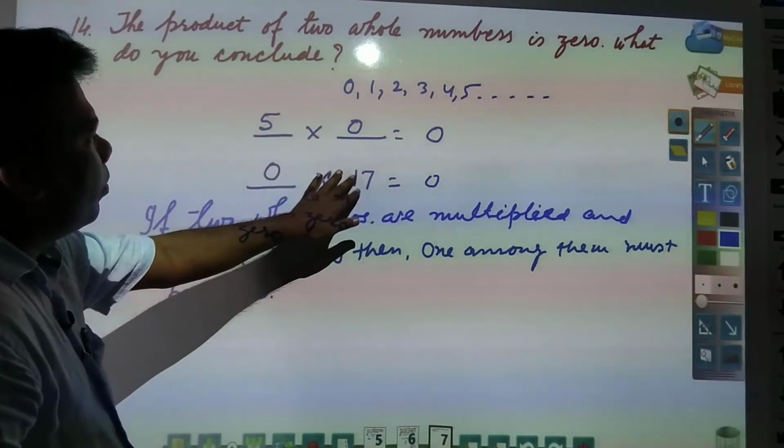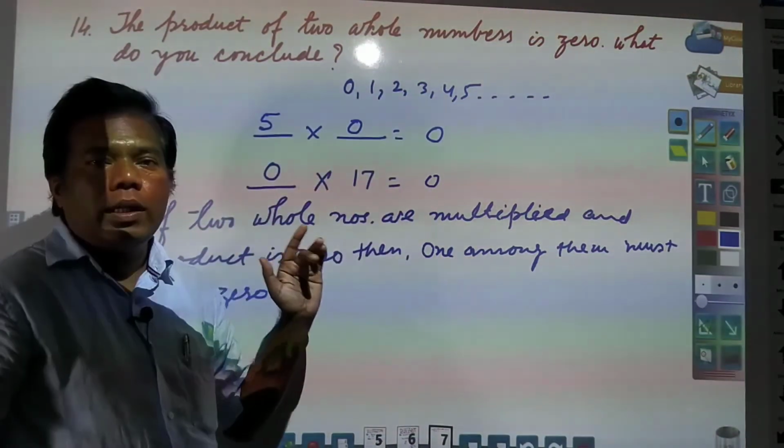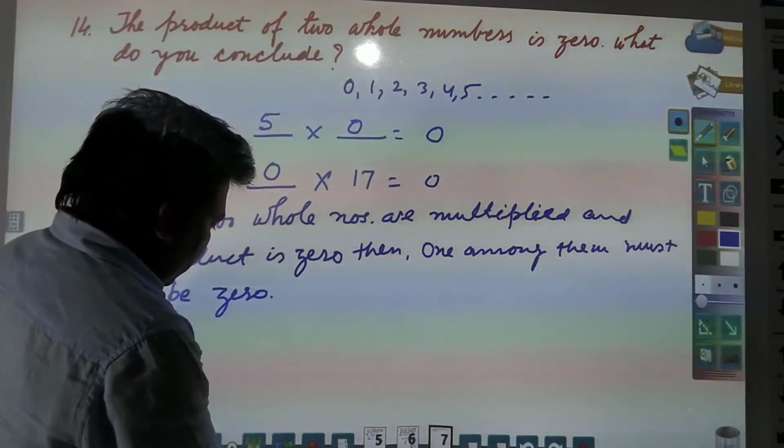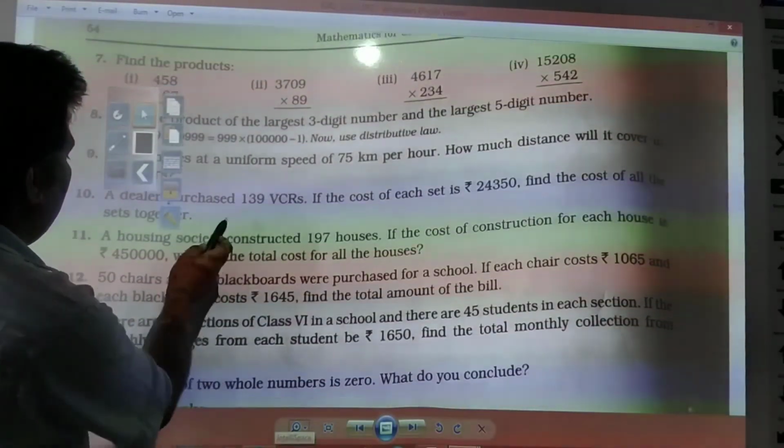One among them must be 0, then only the product you will get is 0. This is the conclusion. Okay, next we will see question number 15.